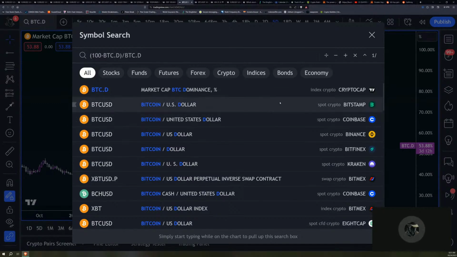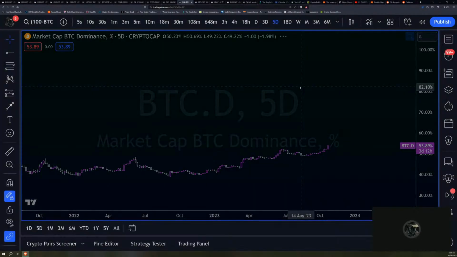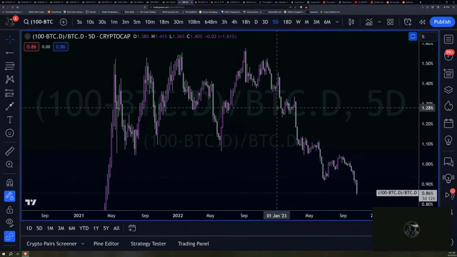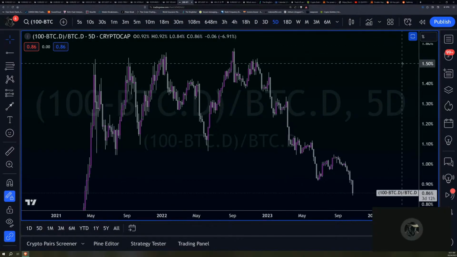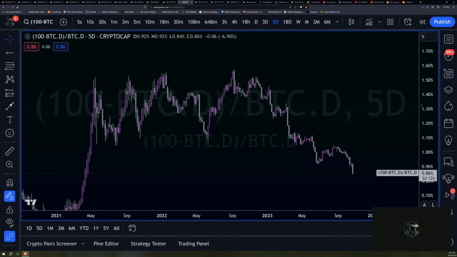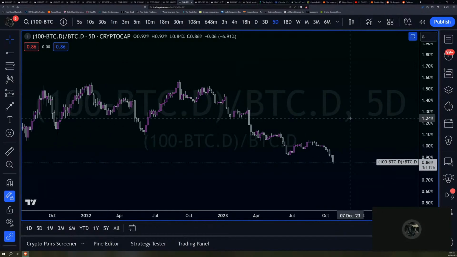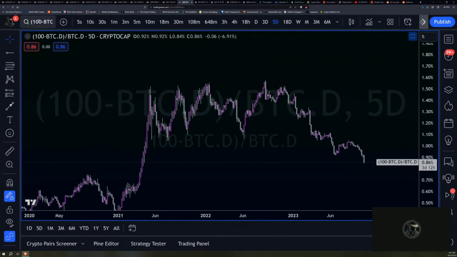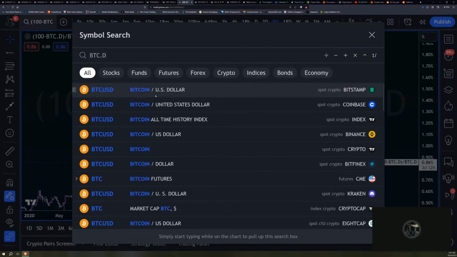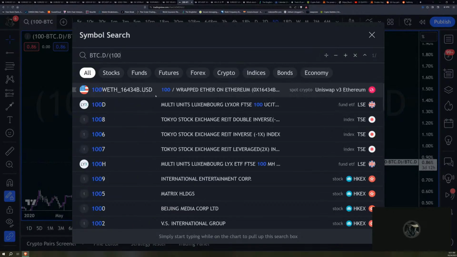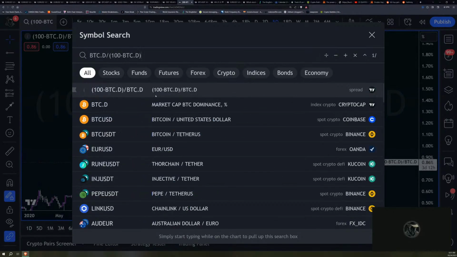It changes the entire history to where now you're looking at Bitcoin dominance in terms of percentage. I think what we're looking at right now is actually alt dominance. I've inverted everything. So the real one is going to be BTC.D divided by 100 minus BTC.D. That should be Bitcoin dominance.